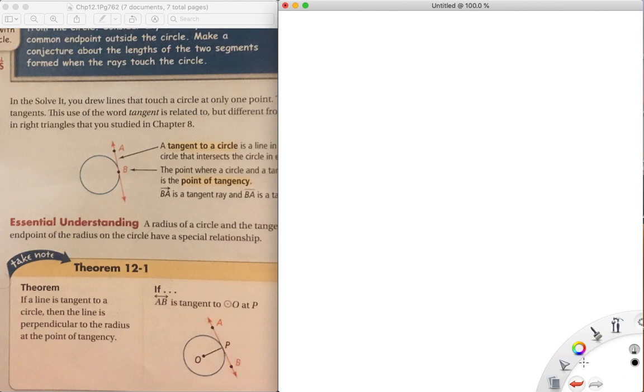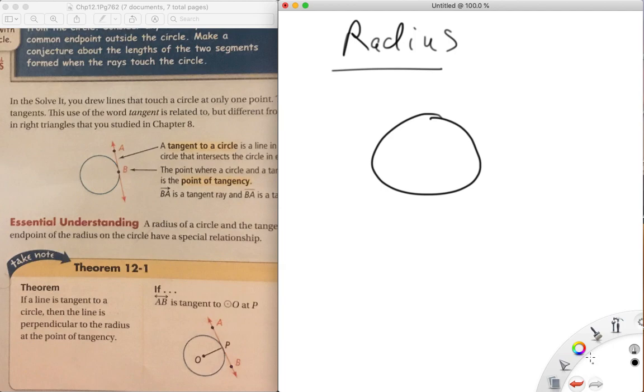Certain definitions to note, just to refresh your memory. Radius of a circle, if you remember, is from the middle of the circle out to the edge of the circle. That's a radius. And if you remember, radius is always equal to 1/2 the diameter.